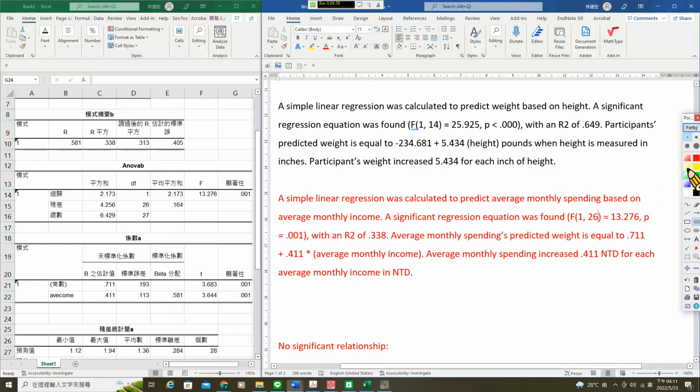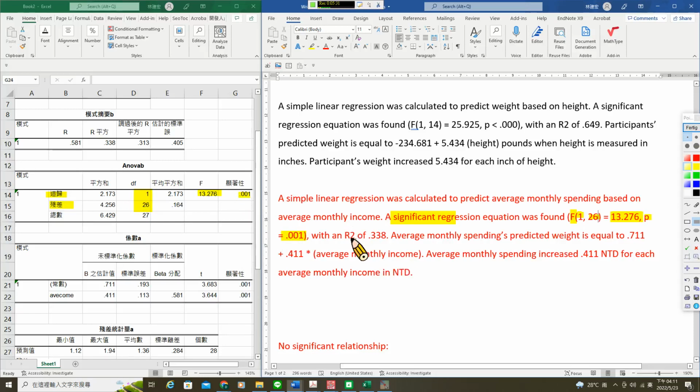A significant regression equation was found because the F value with degrees of freedom 1 for the regression and 26 for the procedure is equal to 13 point this value, and the p-value is this one.